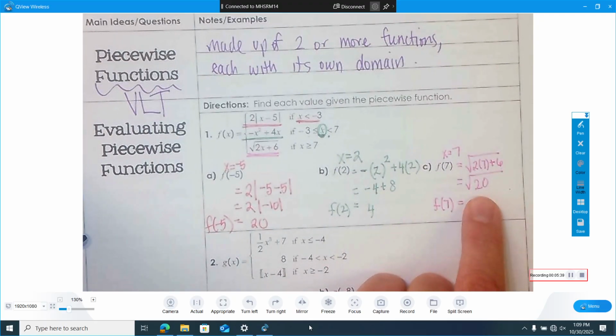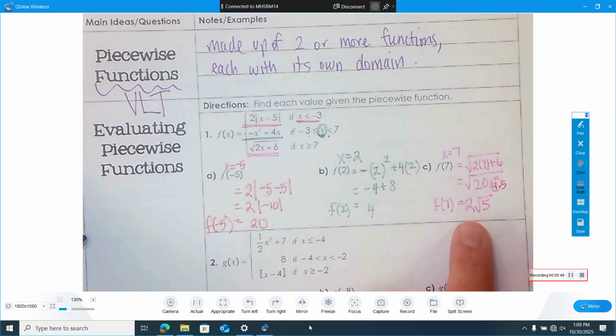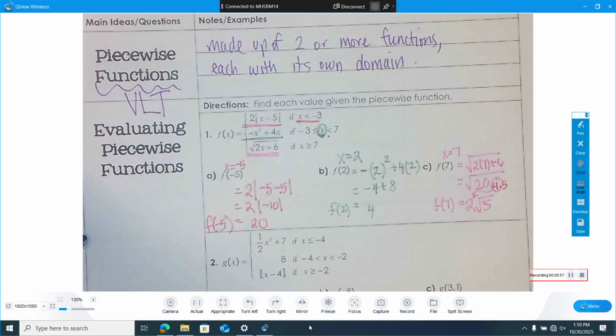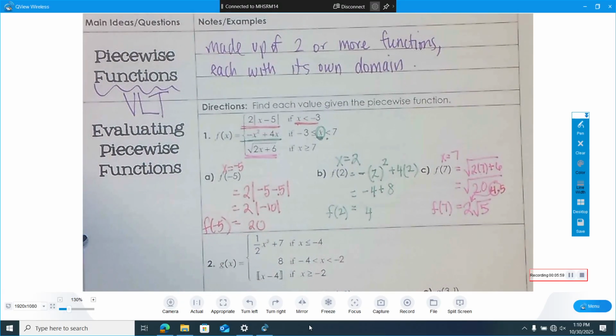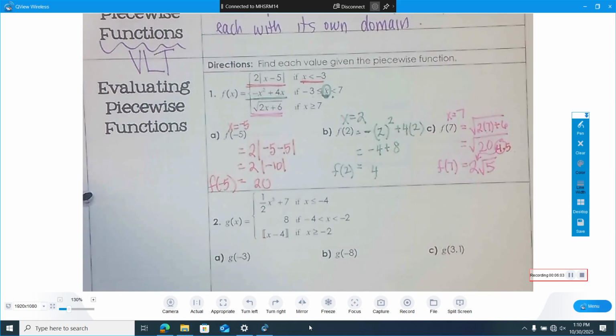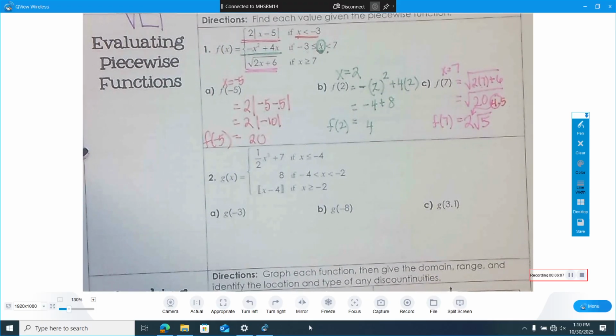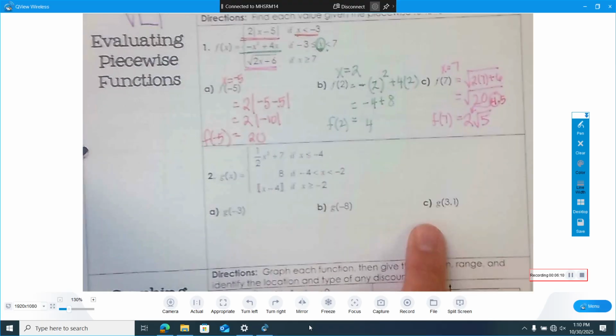Square root of 20, we're looking for perfect squares. 4 times 5, so what is the square root of 4? 2, so we get 2 radical 5. The square root of 4 is 2, so a 2 gets to escape. Okay, a little refresher there. All right, questions on that? No? All righty. I really just want to do letter C here, I think.